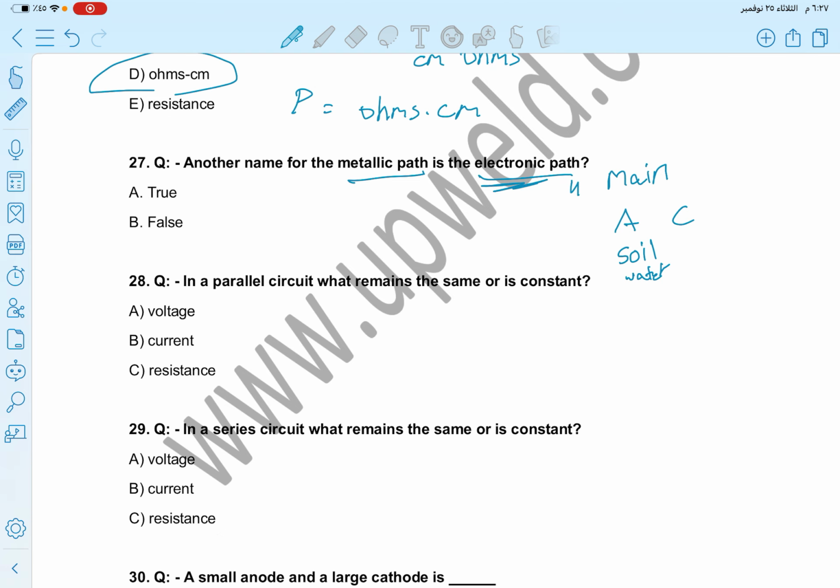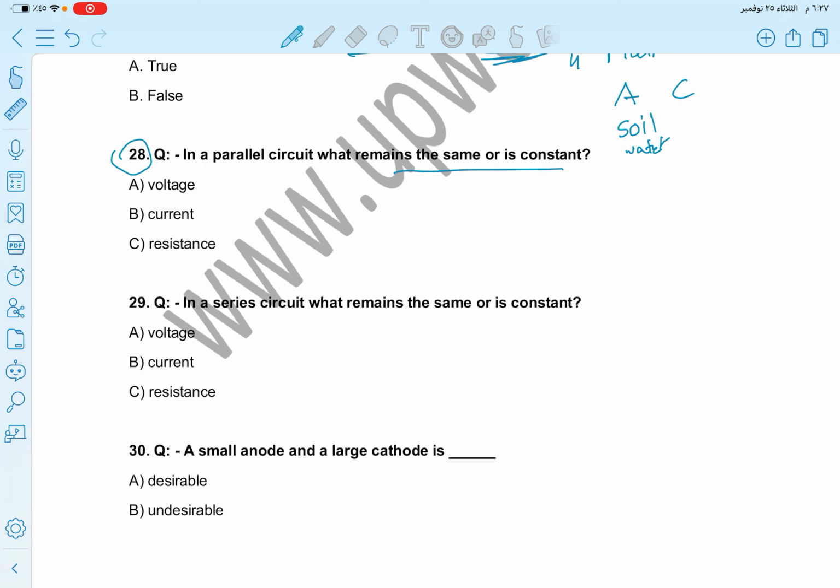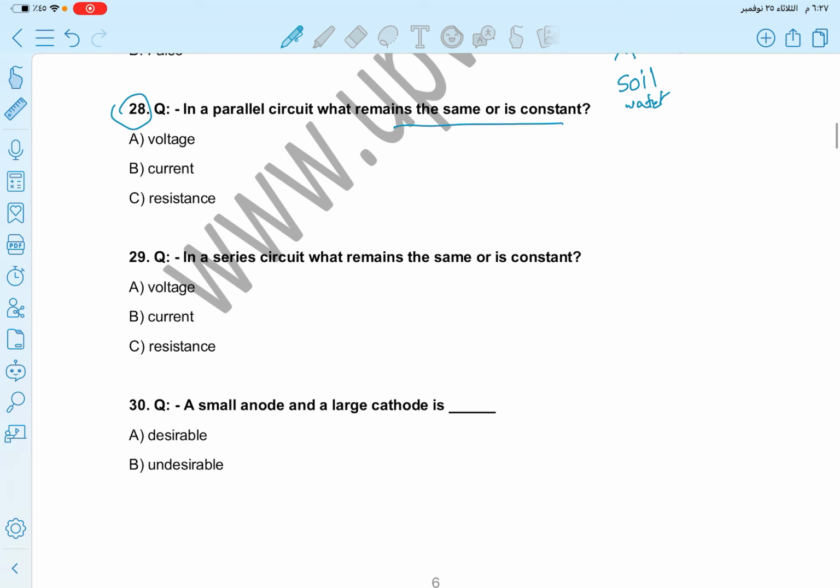In a parallel circuit, what remains the same? I will leave it for you, a very simple question. In a series circuit, what remains the same or constant? I will leave it for you, very simple.